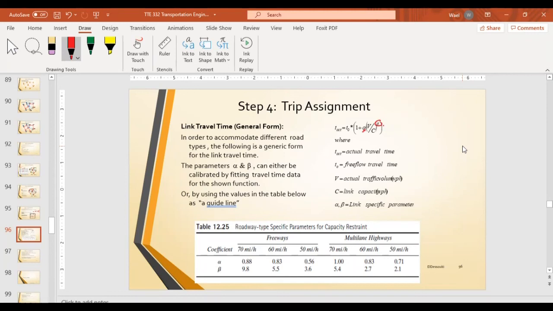For multi-lane highways, these are the values. So the link travel time, this is the general form, and in order to accommodate different road types, these are guidelines, provided, I think, by AASHTO for the capacity constraints. Any questions so far?